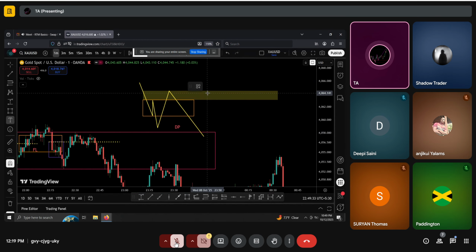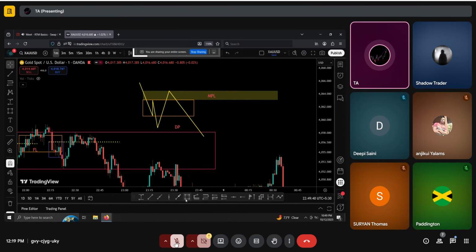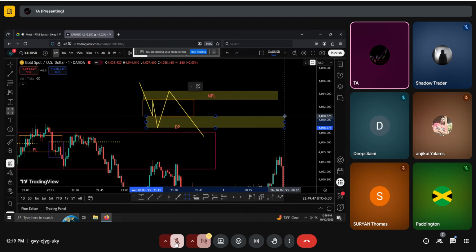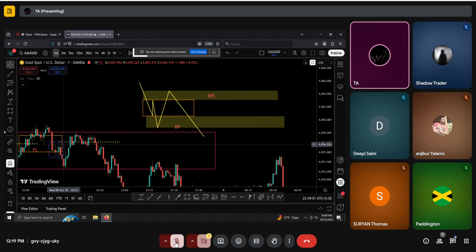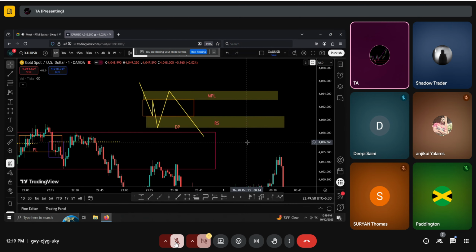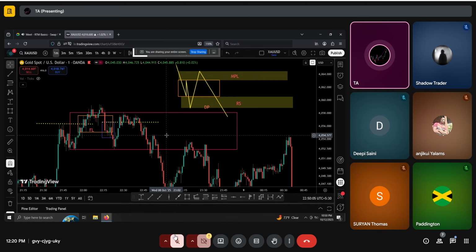This will be called MPL, and below this, it will be called RS. Below this line, we call this RS. RS means support resistance zone, normal support resistance zone, like classical technical analysis. So here it was the RS.